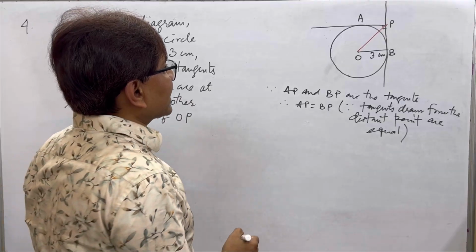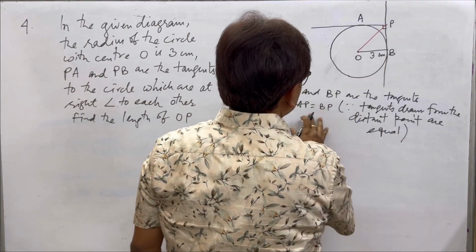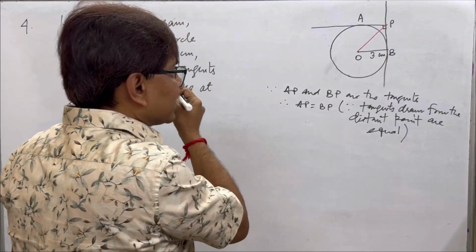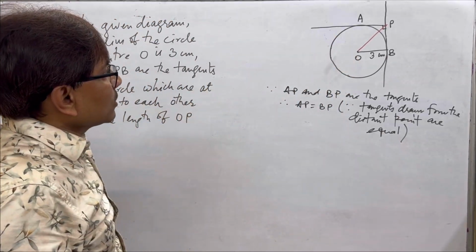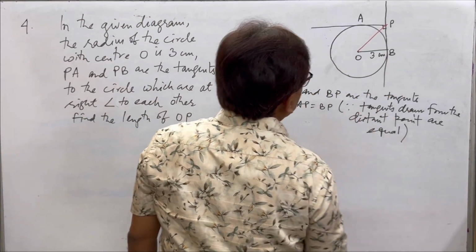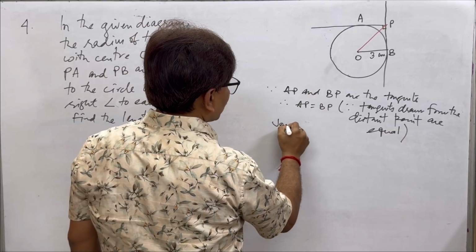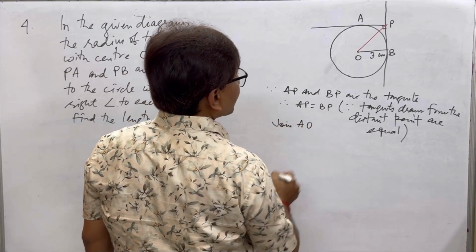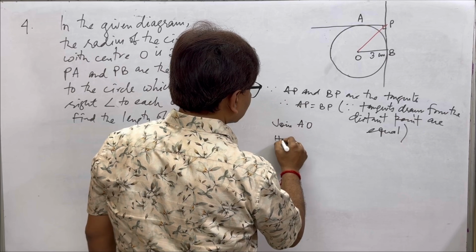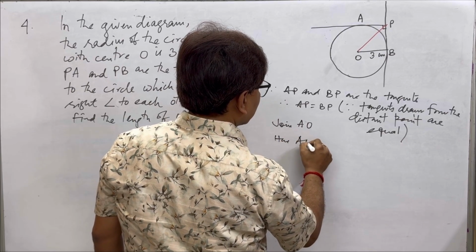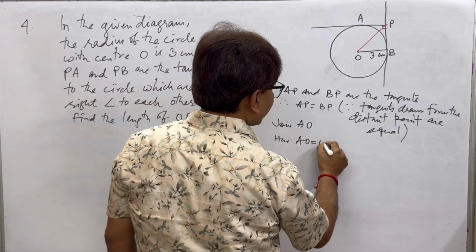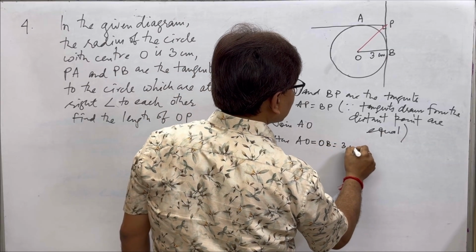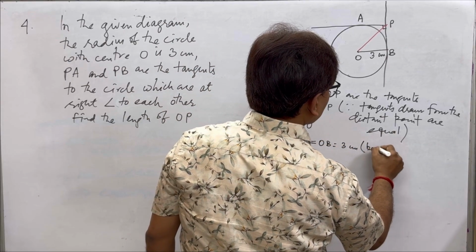So here we are finding these tangents are equal. Now we have to find OP. So join AO. So here AO equals OB equals 3 centimeter, being equal radii.